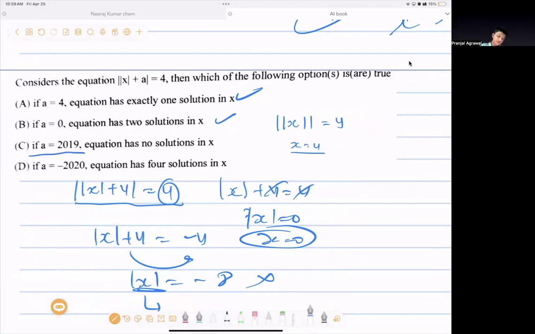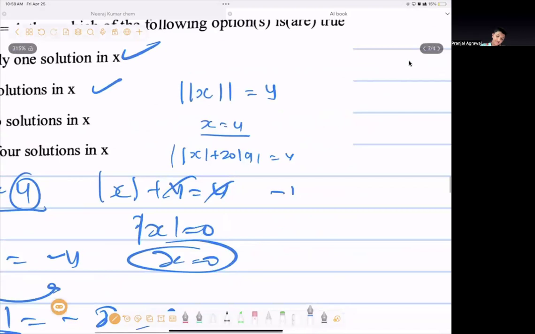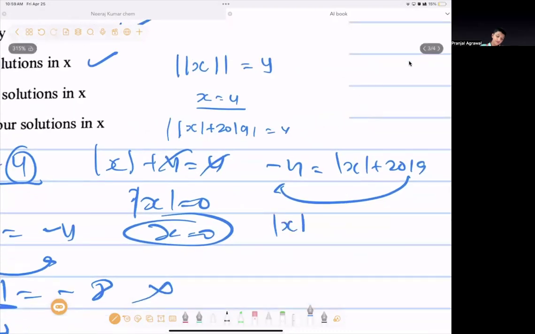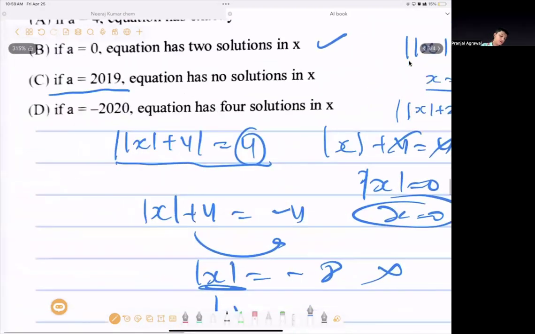If a is equal to 2019. So x plus 2019 is equal to 4. We have either -4 is equal to x plus 2019. So this is never possible. So it will never be 4 plus 2019 is equal to 4. Okay. This will be there, so not possible. So no solution. So this is also correct.